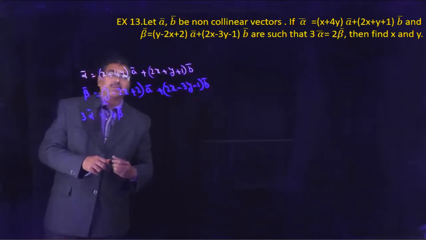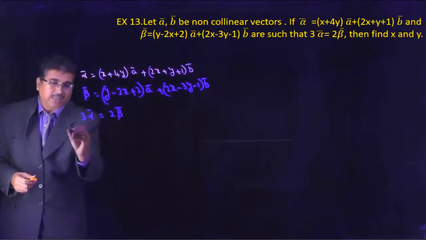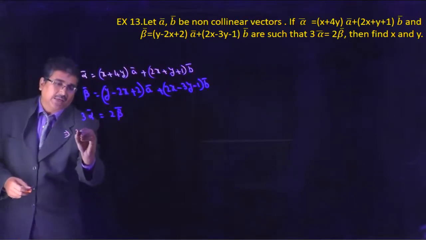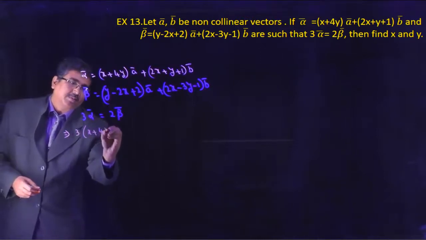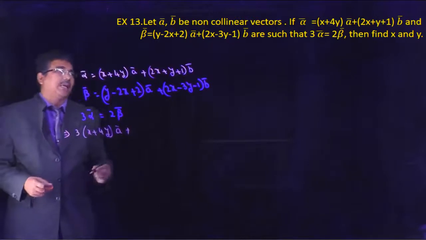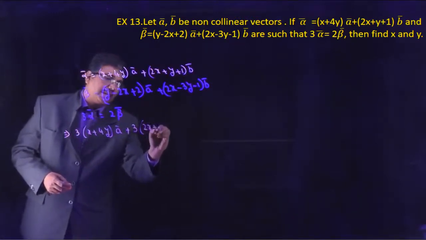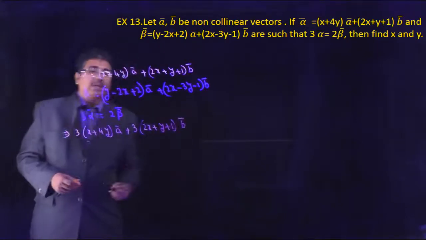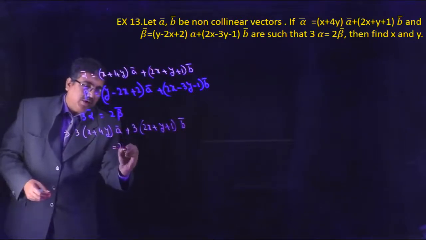Substitute alpha bar and beta bar. That implies 3 times alpha bar: 3 into (x plus 4y) A bar plus 3 into (2x plus y plus 1) B bar is equal to 2 times beta bar.